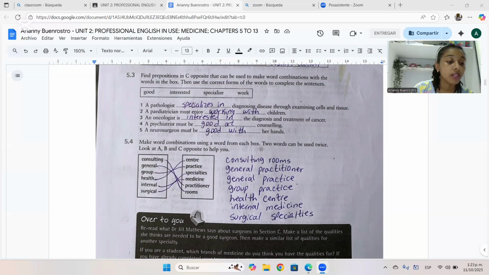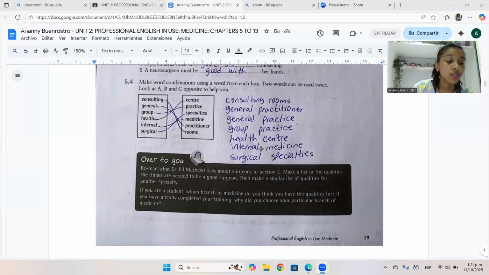An oncologist is interested in the diagnosis and treatment of cancer. 4. A physiotherapist must be good. 5. A psychiatrist must be good at counseling. 6. A neurosurgeon must be good with her hands.